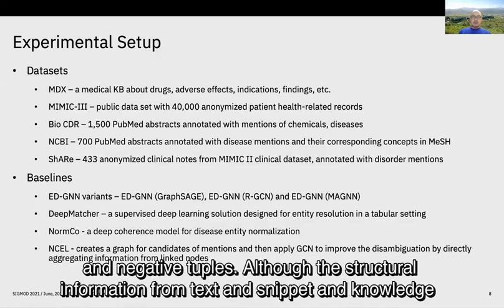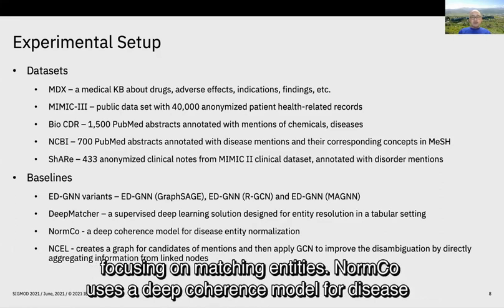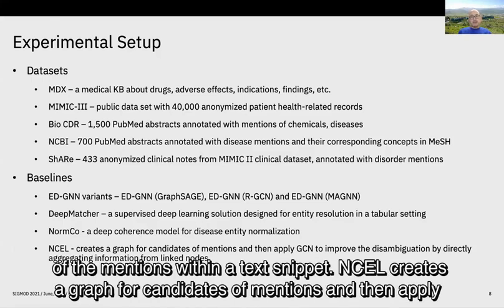Although the structural information from the text snippet and knowledge bases is not available to DeepMatcher, we choose it as an exemplar recurrent neural network method focusing on matching entities. Normco uses a deep coherence model for disease entity normalization, which considers the semantics of the entity mention, and the topical coherence of the mentions within a text snippet.